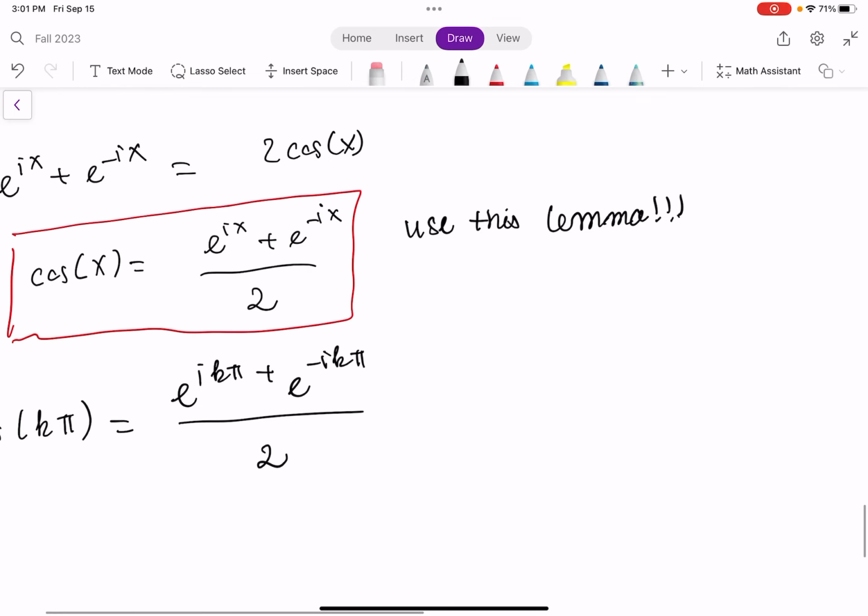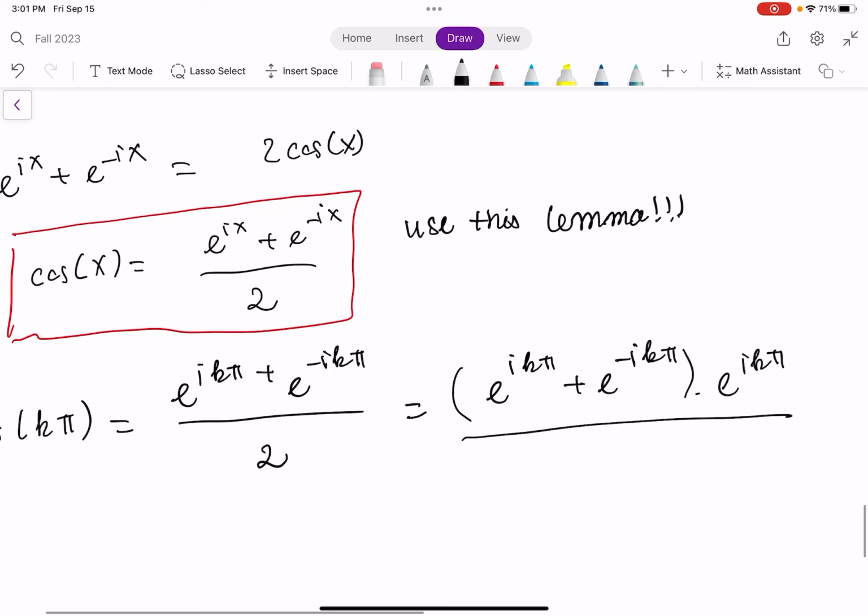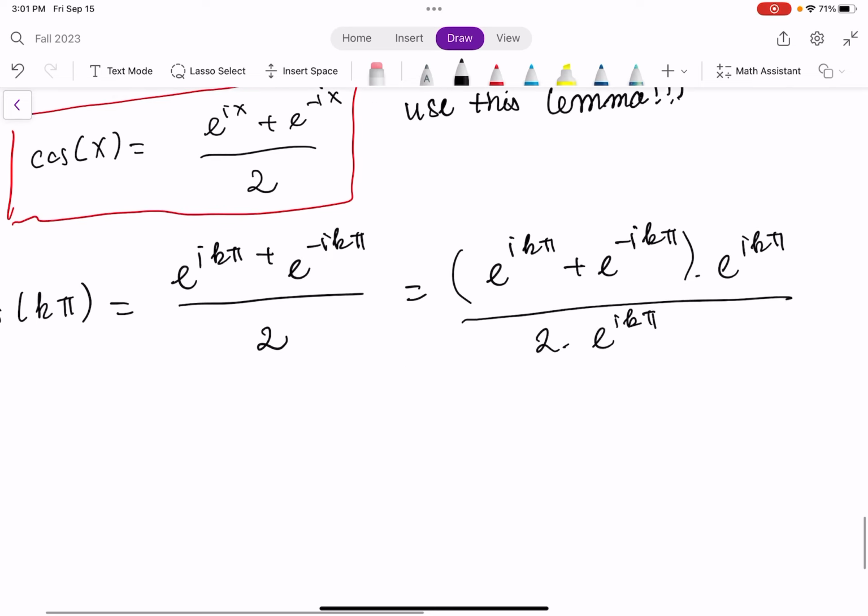If you multiply both sides by e to the power i k pi, the left side becomes e to the power i k pi plus e to the power negative i k pi, times e to the power i k pi over 2.